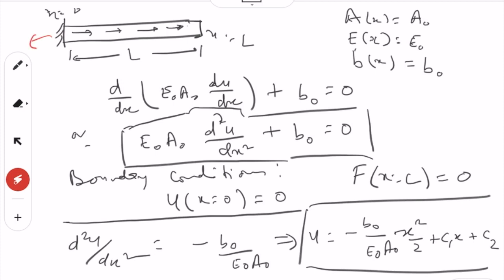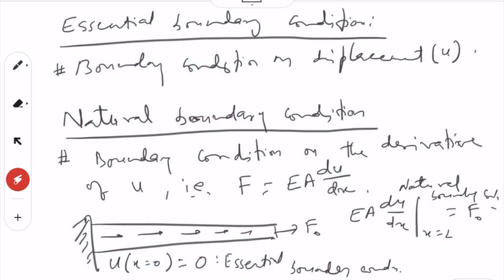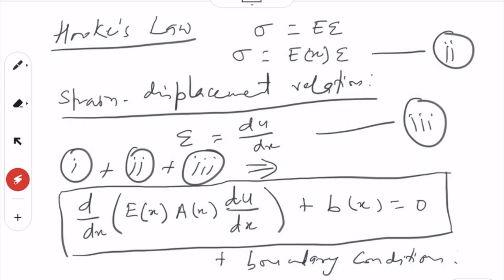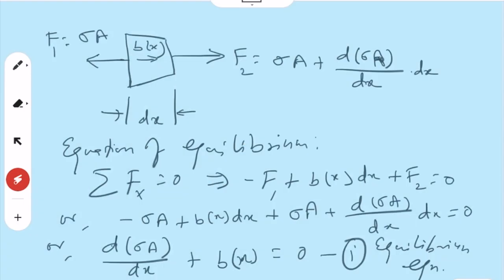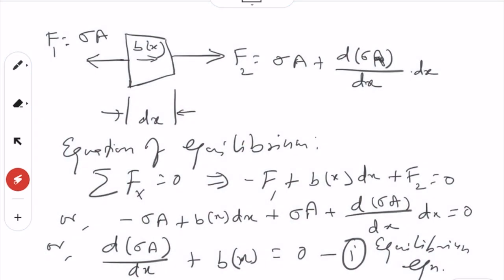This is because if you see our derivation, we have drawn here F1 equal to sigma A, and here F2 equal to sigma A like this. So, at this end, a force in the negative x direction is the positive one, right.